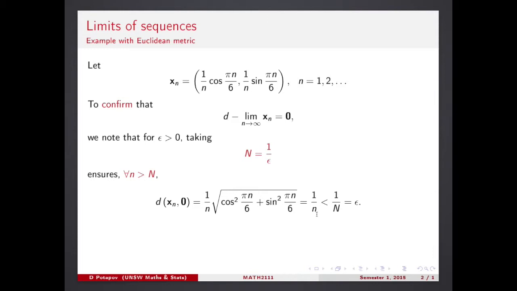And now you can play with your epsilon and N. You can say, whichever positive epsilon I fix, no matter how small that epsilon is, I can always find an index, capital N. I can even provide the exact formula for the choice of such an index, 1 over epsilon, such that as long as my little n index is larger than this capital N, the distance of xn to 0 will never be larger than epsilon.